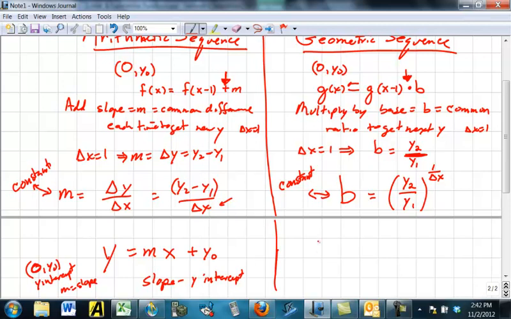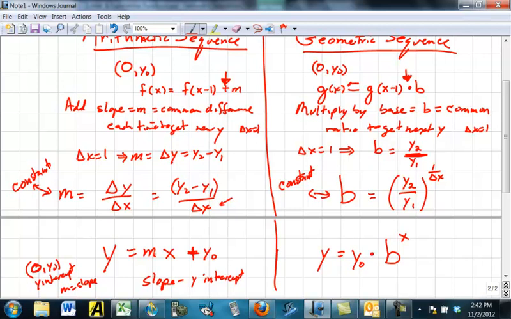Well, similarly over here, our form is we have our base to the x power. And where this was addition, so we start with our y0. Where we add to it over here on arithmetic, over here we multiply.